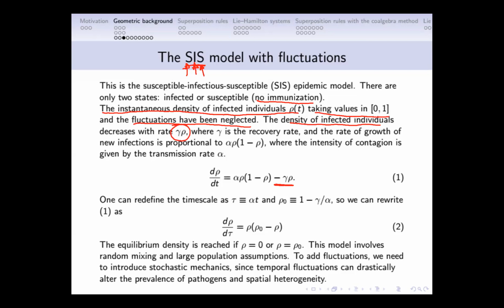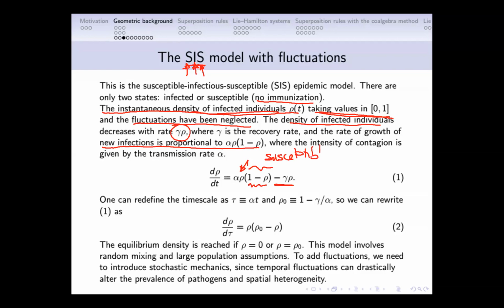And the new infections will be proportional to this number, which are the infected. And of course, since the instantaneous density goes from 0 to 1, then 1 minus rho will be the number of susceptible ones.